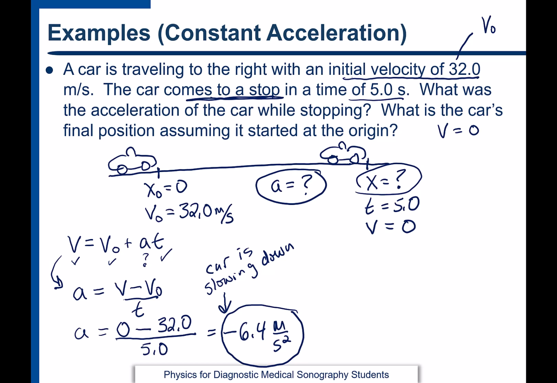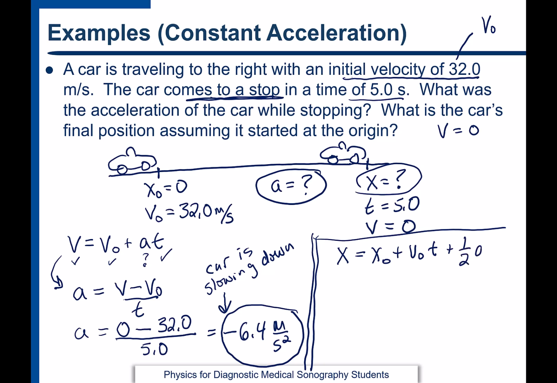Then we can finish the problem by using the other equation, x is equal to x naught plus v naught t plus 1/2 at squared.